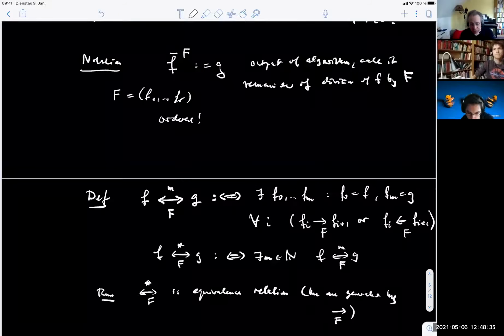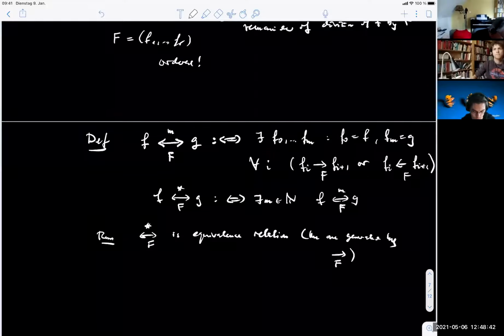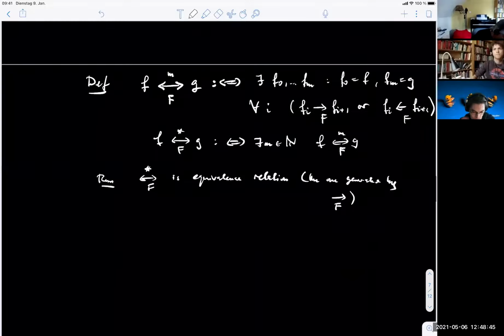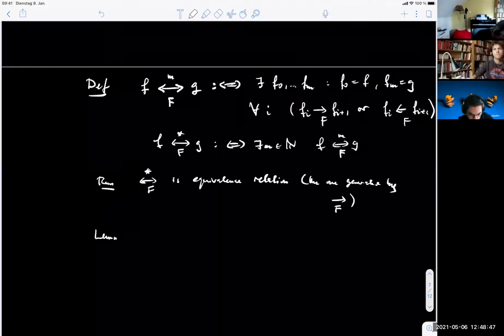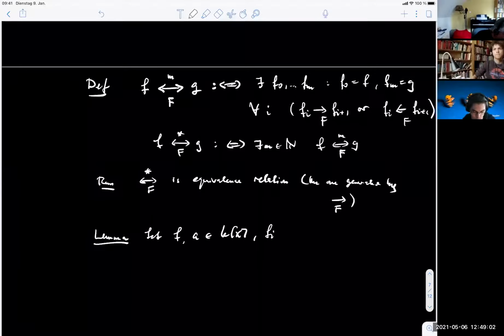Now, if I have this auxiliary notion, this equivalence relation, I can characterize this in a nice way. So it's the next lemma. I have f and a, these are polynomials, and fi is in my set capital F. I have fixed my set capital F as before.